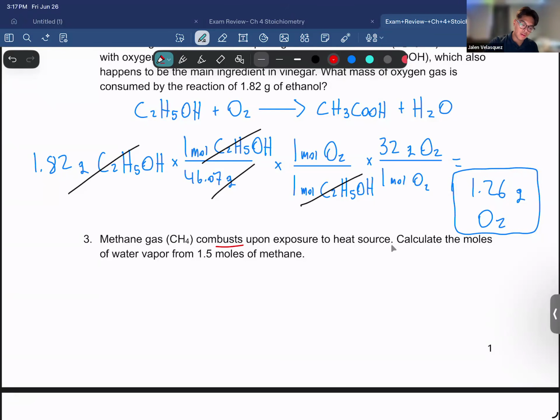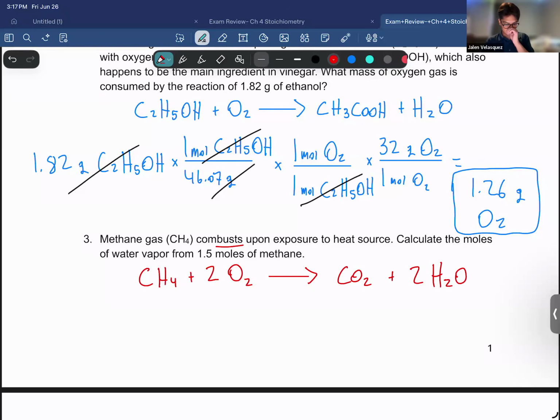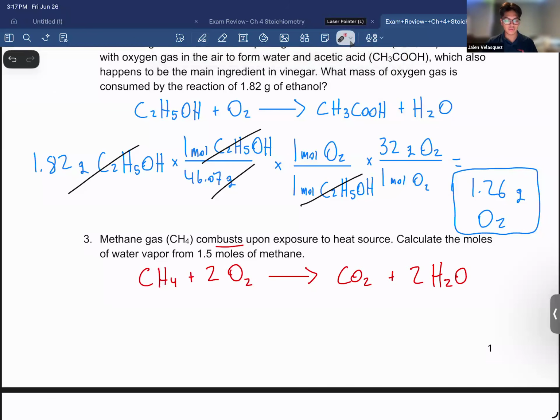So we have methane gas reacting with oxygen, and it produces carbon dioxide and water. Okay, so I'm saying to calculate the moles of water vapor from the 1.5 moles of methane.